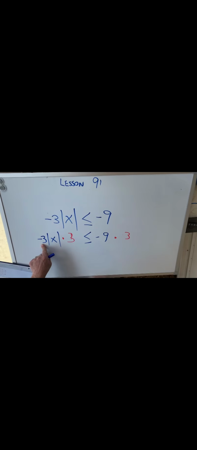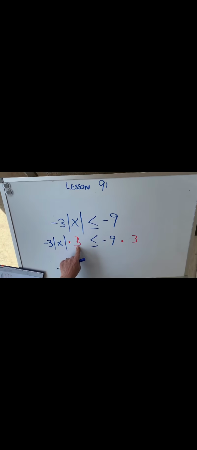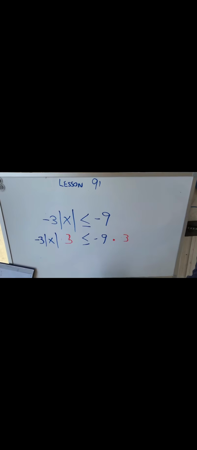So I'm going to multiply it by the opposite here, right? Negative. Oh, hold on. You're supposed to divide. I got to divide, that's right. Let's divide by negative 3.